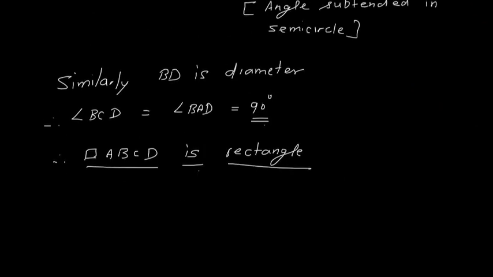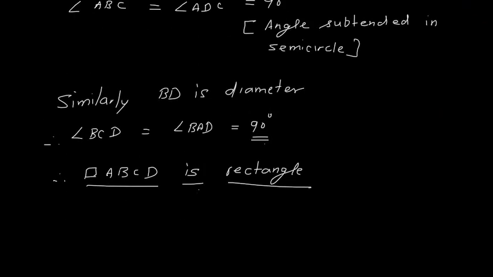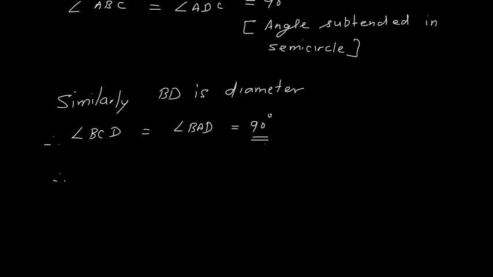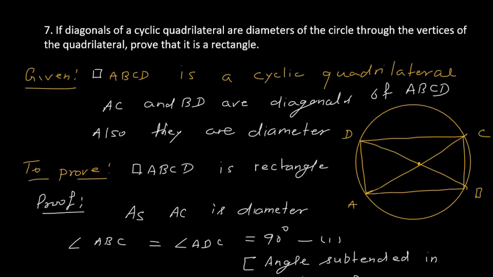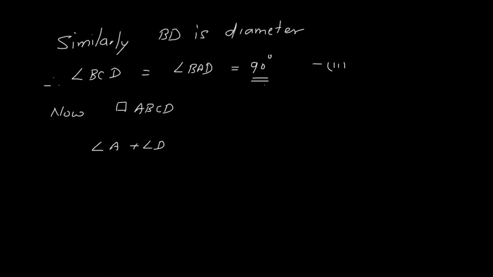If you want to write it that way, I will consider this as equation 1 and this as equation 2. Now in quadrilateral ABCD, angle A plus angle D is equal to 90 degrees plus 90 degrees, which is equal to 180 degrees.